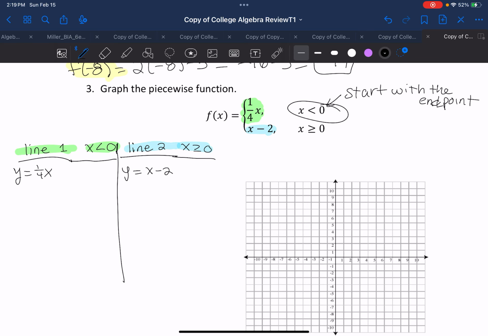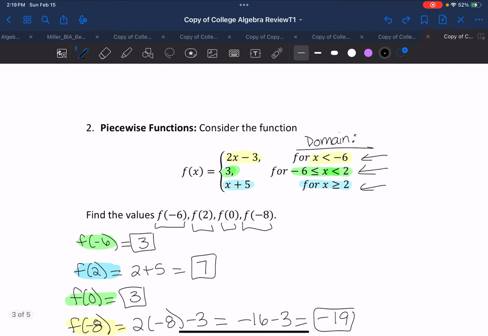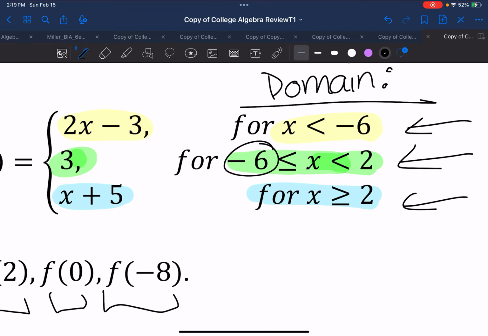Even though it can't equal 0 in the domain, I'm still going to find the y value when x is equal to 0 for that piece of the graph. I'll explain how we graph that differently when it can't equal 0. But you always need to start with the number at the endpoint, which in that case is 0. And if it was like this up here, where it has 2 endpoints, I would need to figure out what's happening at those 2 endpoints.